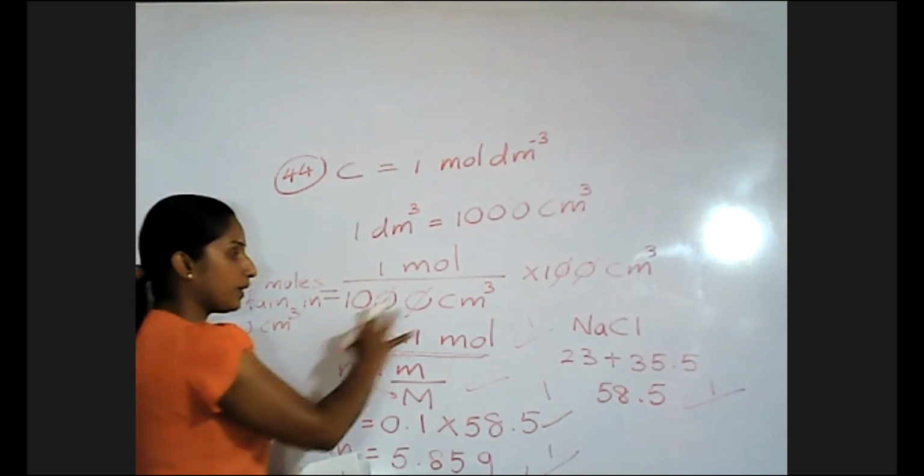Then 45. What is the number of carbon dioxide molecules in 22 grams of carbon dioxide? We did these types of questions last day also. I will erase this one.